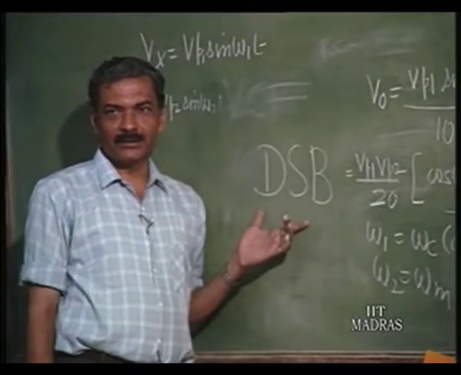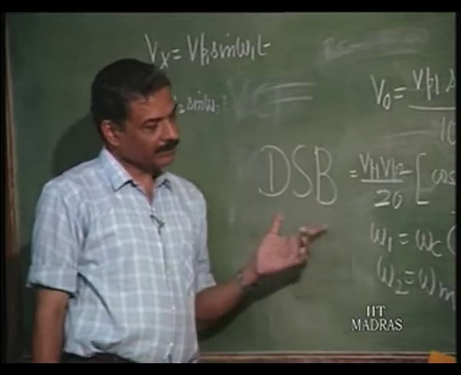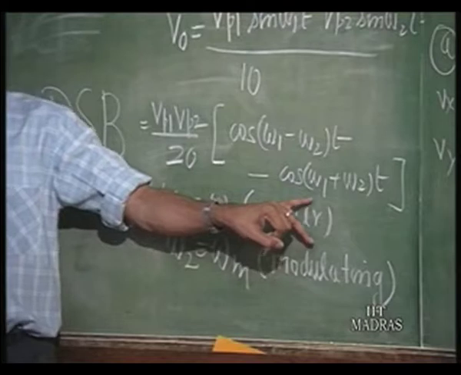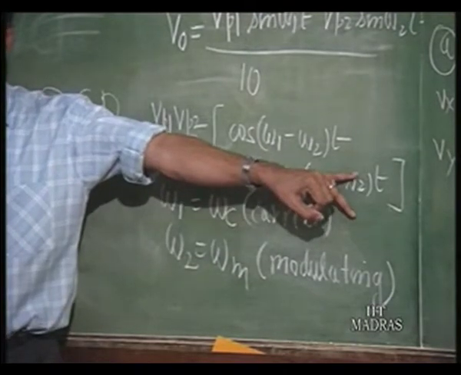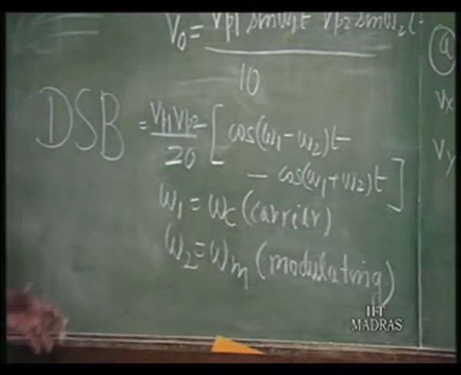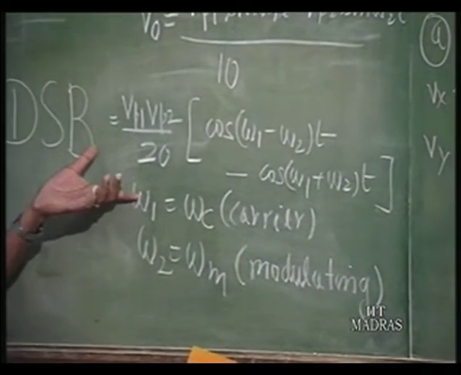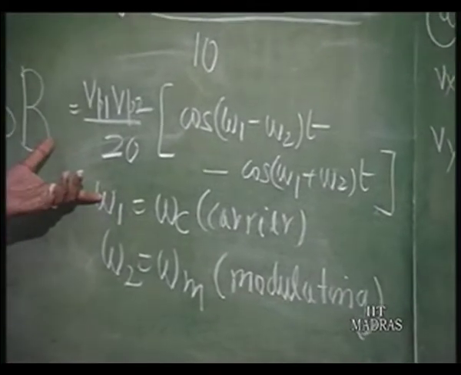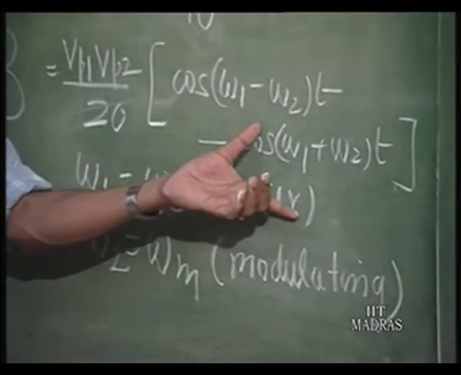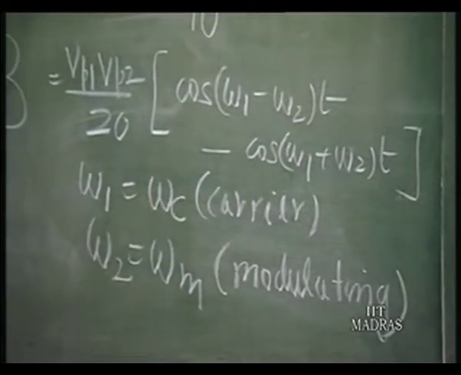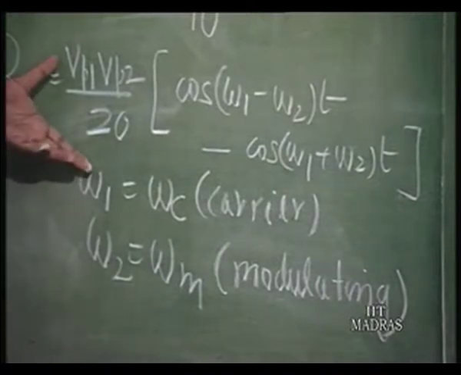Carrier is absent, this is called double side band. It will have omega c minus omega m and omega c plus omega m. In power efficient designs, you do not want to unnecessarily send the carrier, you just want only the side bands sent, and you can receive at the receiver end the modulated output and detect the output.